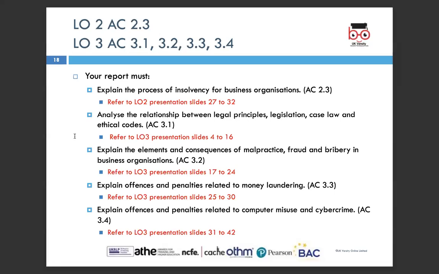Then administration: outline the procedure for placing a company into administration to protect it from creditors while restructuring or selling assets. For this one, you can use learning outcome 2, presentation slides 27 to 32, for detailed guidelines on insolvency procedures.